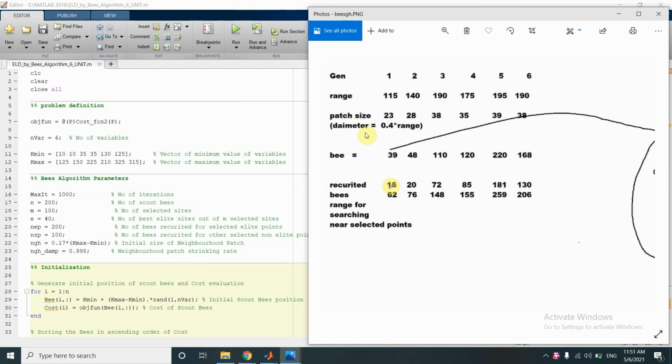Let us first define the actual value of the radius. 0.2 of 115 is 23, 0.2 of 140 is 28, 0.2 of 190 is 38, and similarly 0.2 of 190 is 38. So this is the radius.